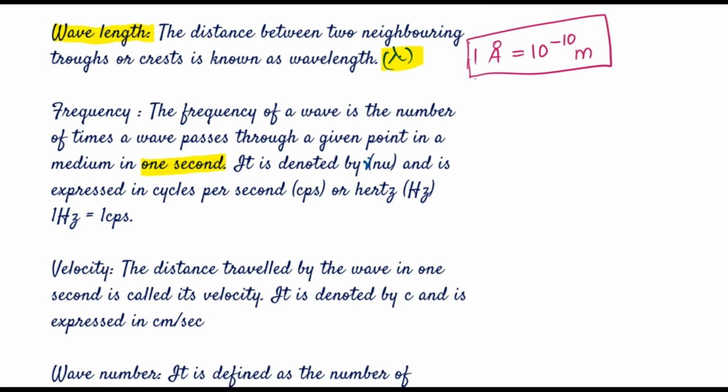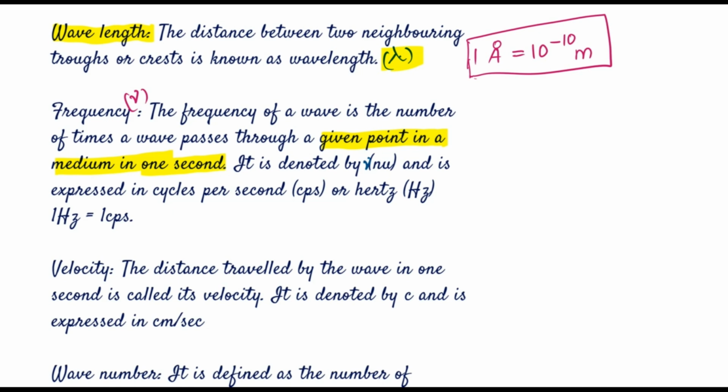You can compare it with how many buses pass through your bus stop per hour. That is also frequency. So at a given point, how many waves are crossing, that is frequency. It is denoted by the symbol nu, and is expressed in units of hertz or cycles per second. 1 hertz is equal to 1 cycle per second.